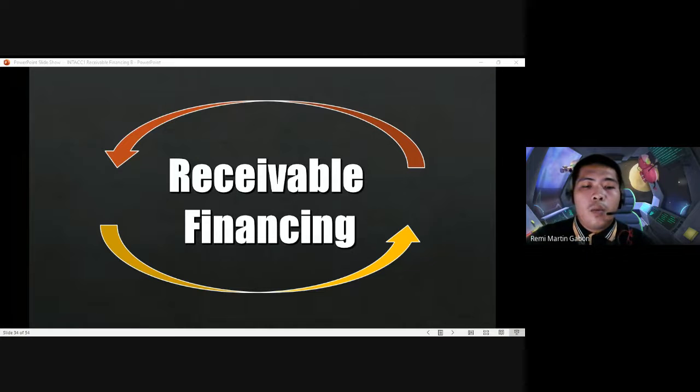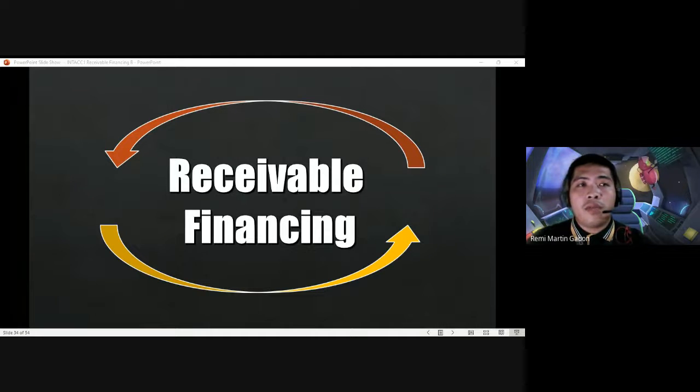While factoring, we discussed yesterday, involves transfer of ownership. So upon the date of transaction, there's already a change in the balance of total assets and total receivables because of absolute sale.